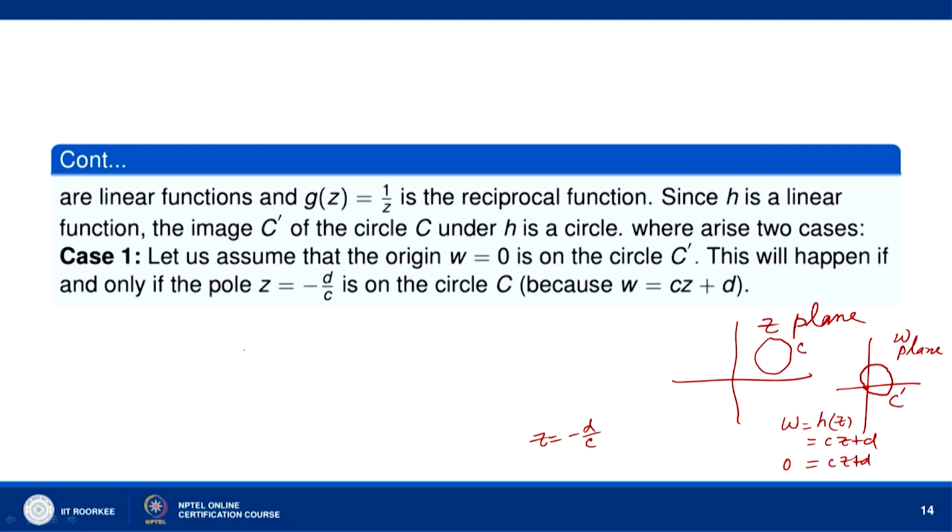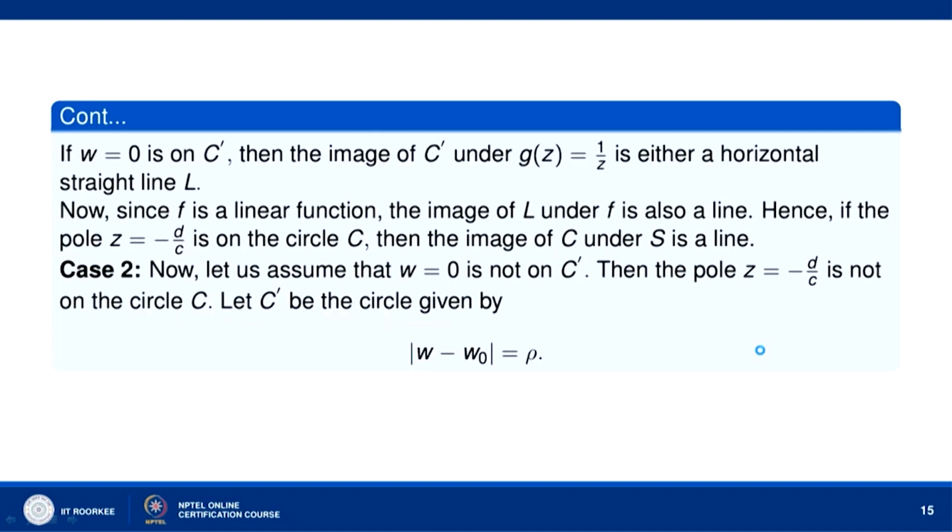So, this means that the pole z equal to minus d by C is on the circle C, because in the w plane, C dash is the image of C, and the point w equal to 0 corresponds to the point z equal to minus d by C. So, z equal to minus d by C lies on the circle C.